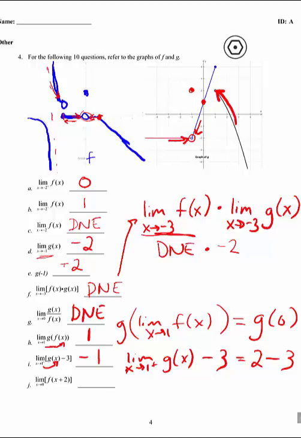And then lastly, this limit here, we have to plug in 0 first. So we get f of 0 plus 2, or f of 2. And at 2, we have f is equal to negative 1.